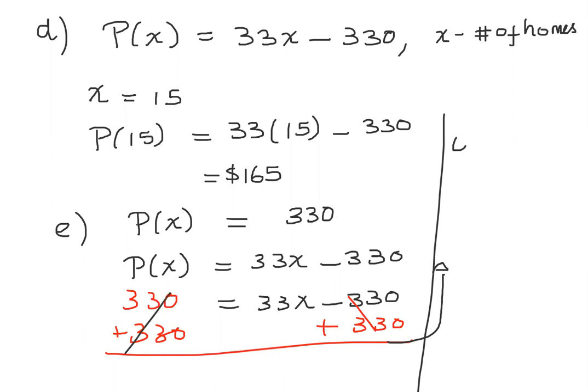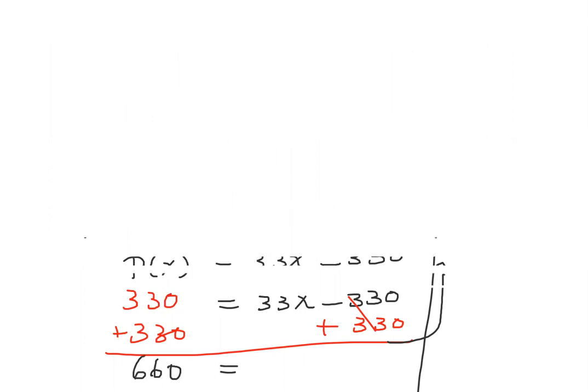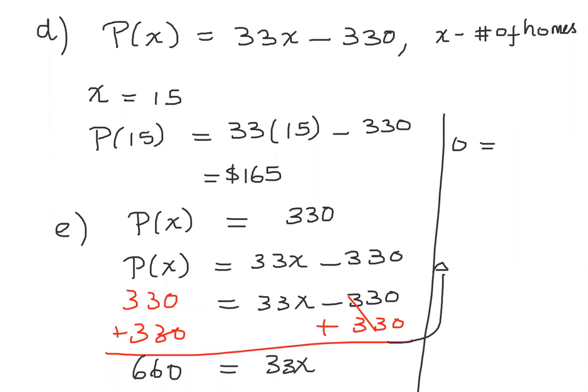So we get 660 equals 33x, and divide by 33, so we get 660 divided by 33, so we get x equals 20.